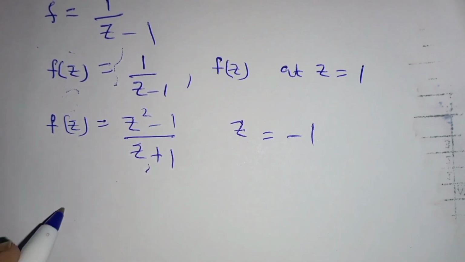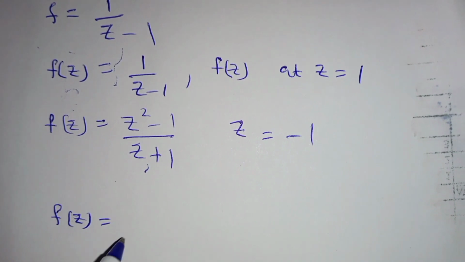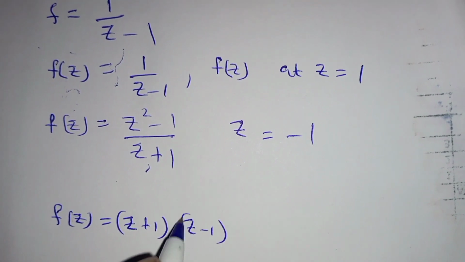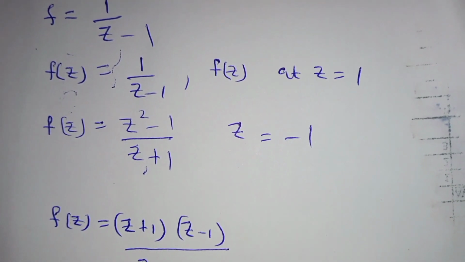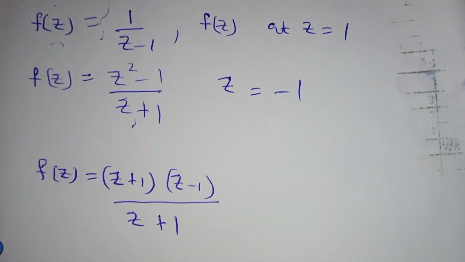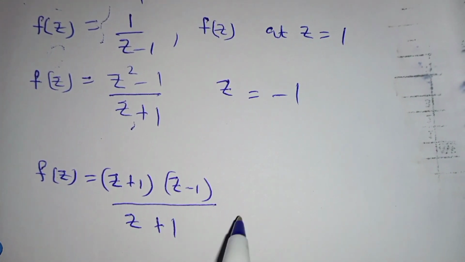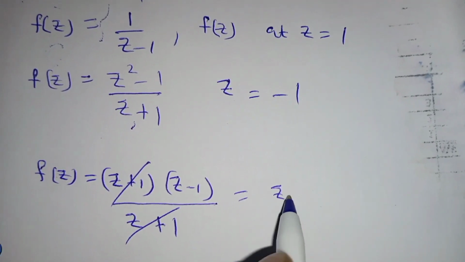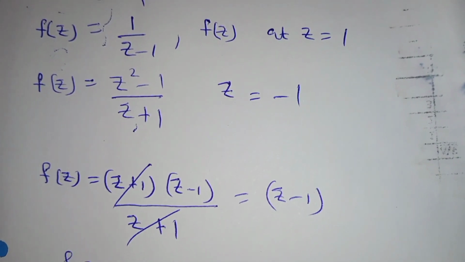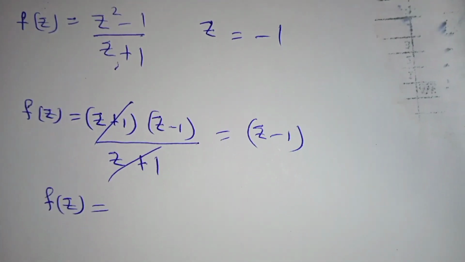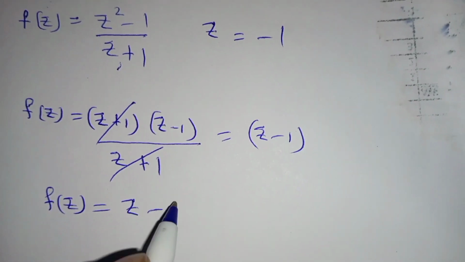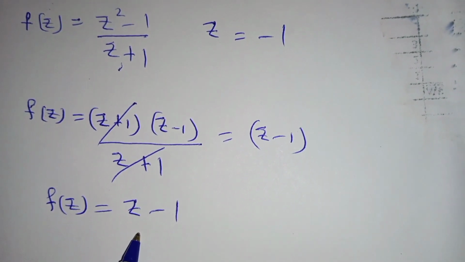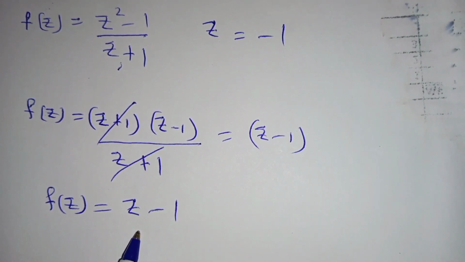What we do is factorize the numerator so that we get z plus 1 multiplied by z minus 1, divided by z plus 1. The z plus 1 parts cancel, and we are left with z minus 1. So here we have f of z is equal to z minus 1. You can see this one has no singularity, meaning that we have removed our singular point.